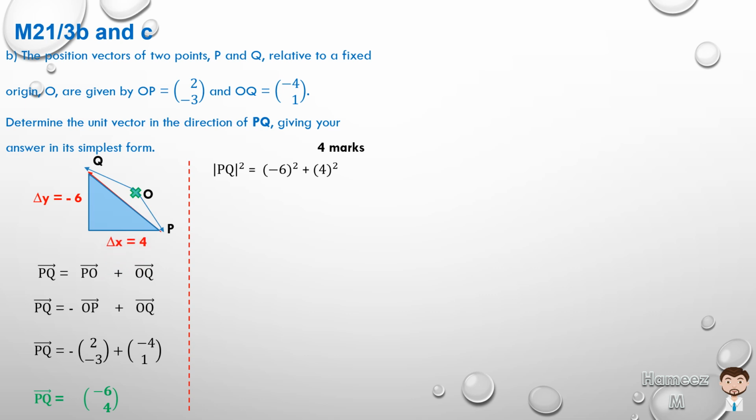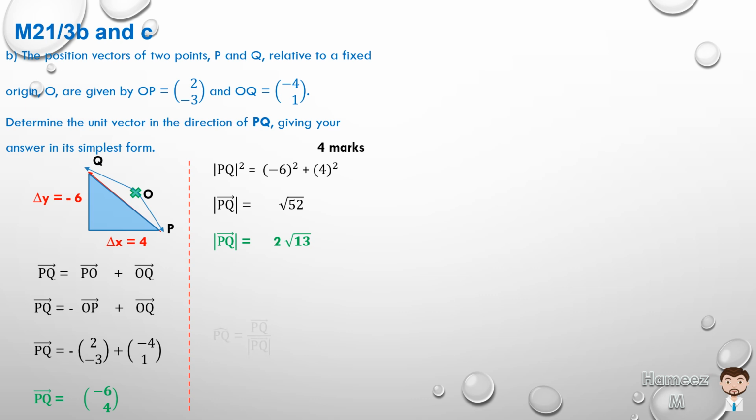And 6 squared is 36 plus 16 is 52. So the length of PQ is the root of 52. And we know 52 is 4 times 13. So we can say square root of 4 times square root of 13 is 2 times root 13.